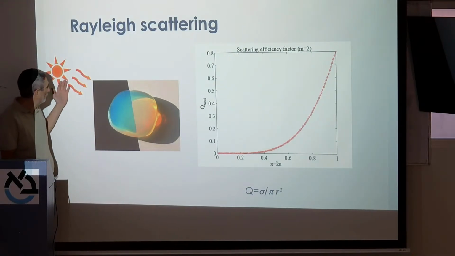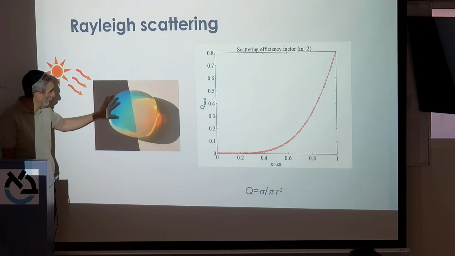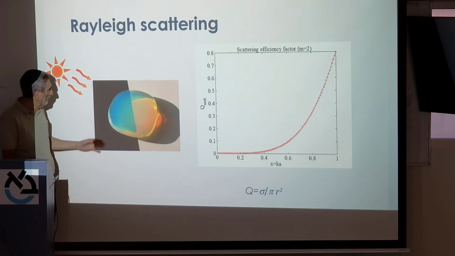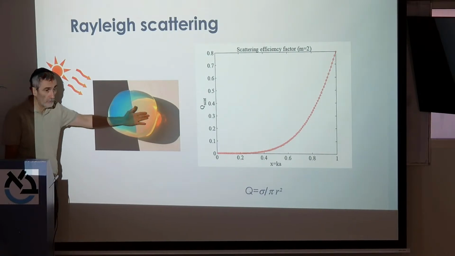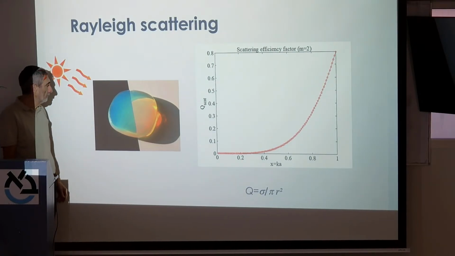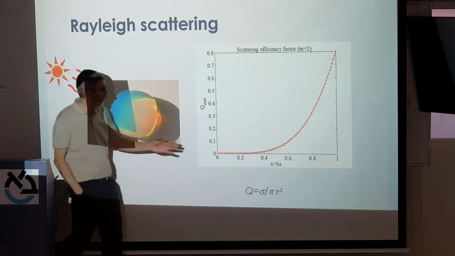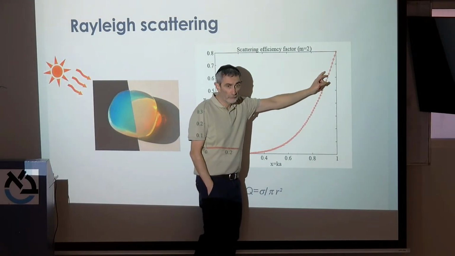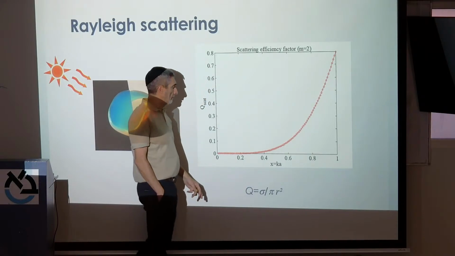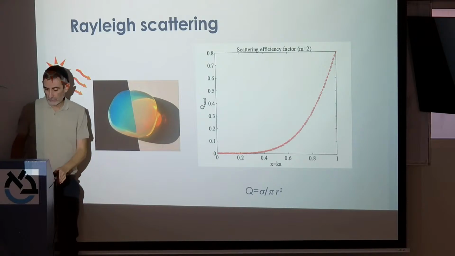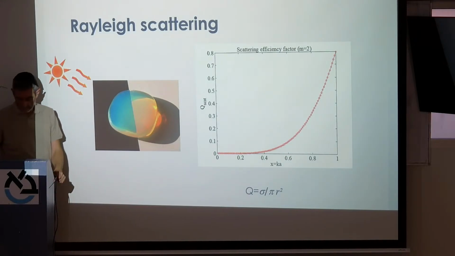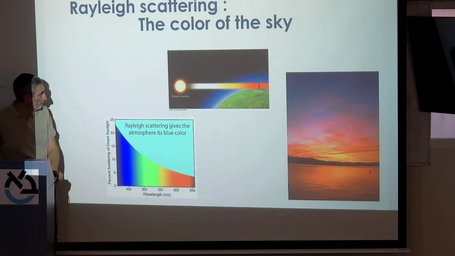So you see here that if you shine light on this translucent object, you see the blue is scattered, and then the yellow, then the red. The blue corresponds actually to a small wavelength. So we are somewhere here, large frequency and small wavelength. So the first thing to be scattered is the blue, as we show it here also.